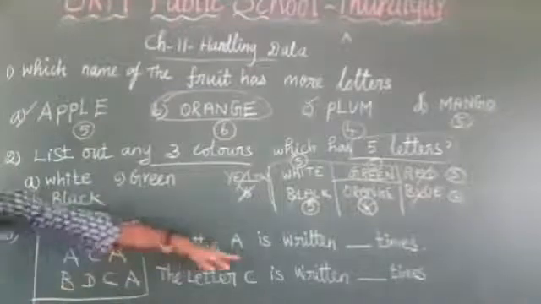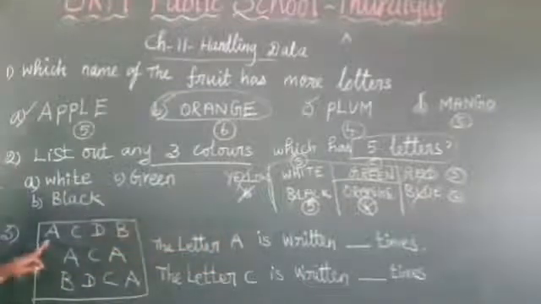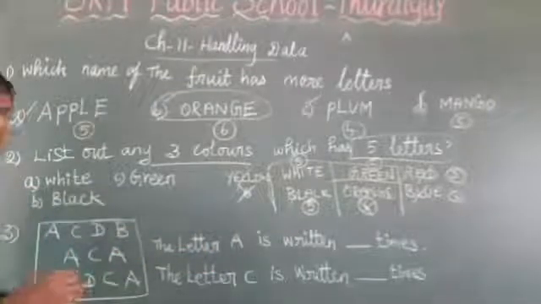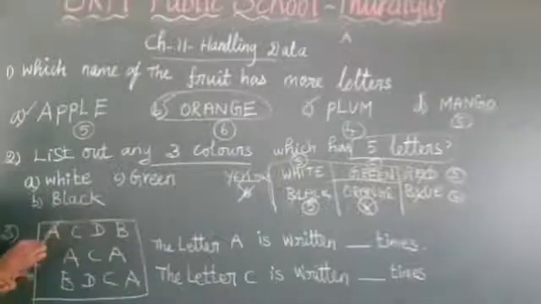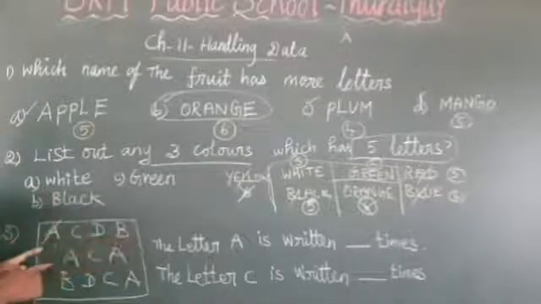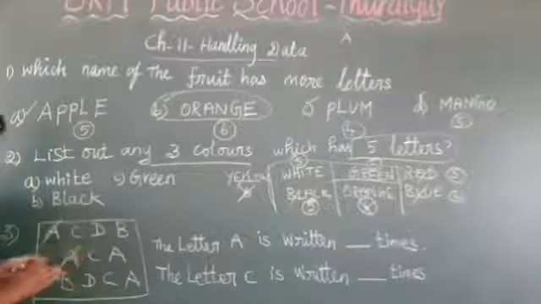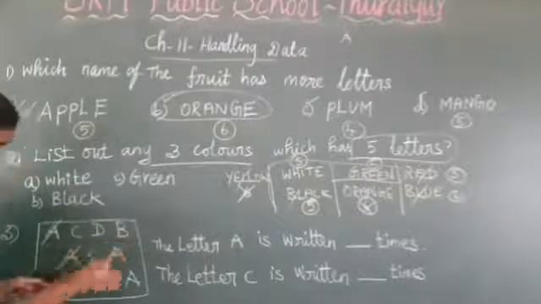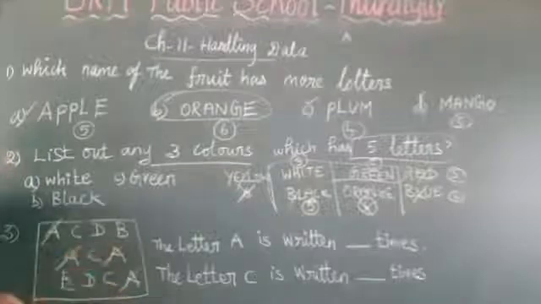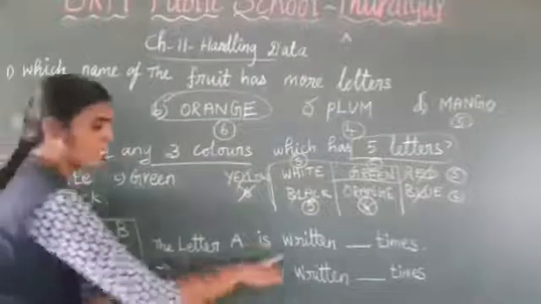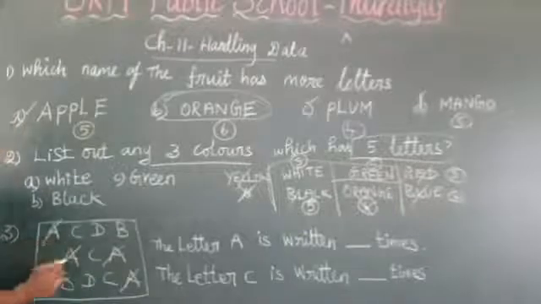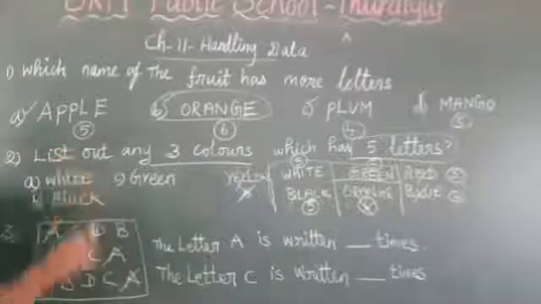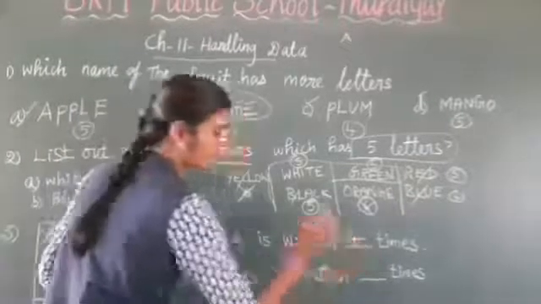First, A. Take your pencil and count one by one, cross out each one. 1 in this line, next 2, 3, 4. How many times is the letter A written? Only 4 times.